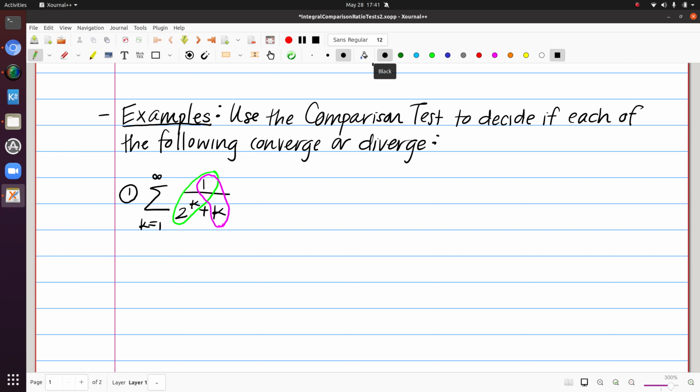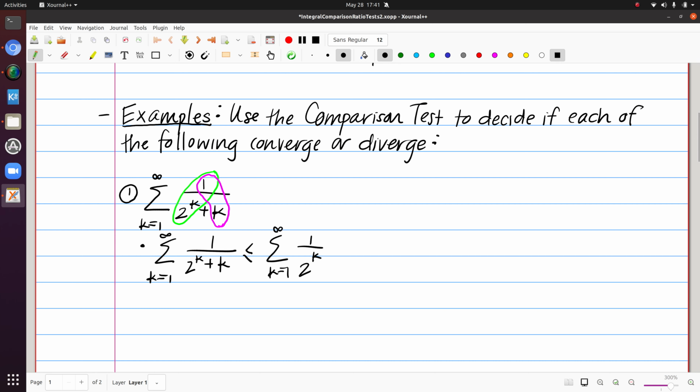So let's look at them one by one. My first thought here is to look at the sum from k equals 1 to infinity that we are given and try to think about how I might be able to compare that to the sum of simply 1 over 2 to the k. So first of all, notice that the denominator of what I've written on the left is larger. k is always positive.